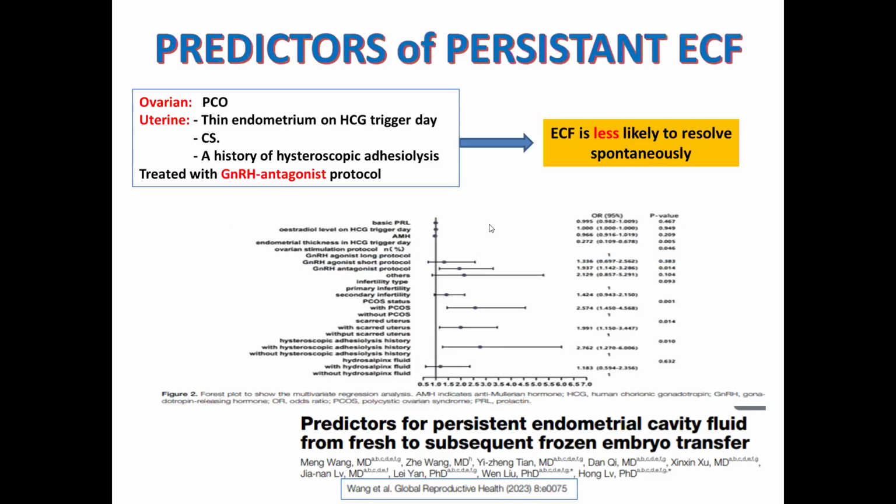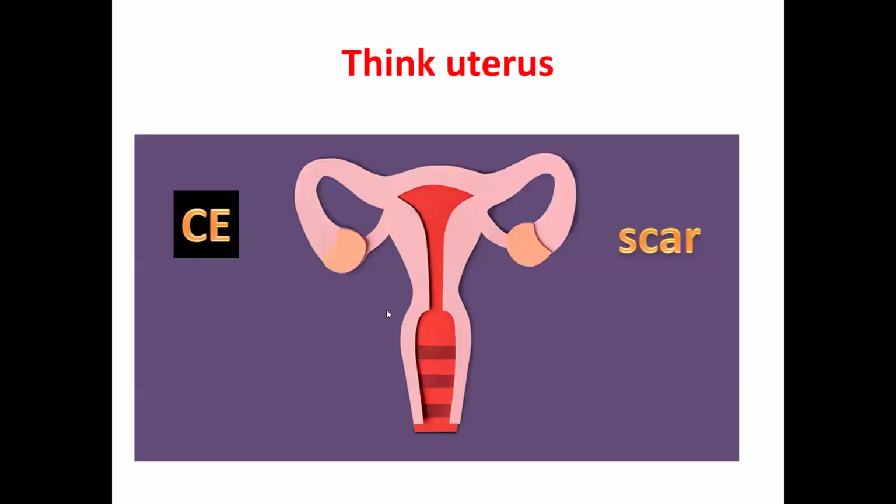And the predictors of persistent endometrial cavity fluid: if you see a patient with a previous scar of cesarean section, which is uterine niche, or thin endometrium at the HCG triggering day, history of hysteroscopic adhesolysis, or PCOS, or treatment with GnRH antagonist, you have to expect in those patients that this fluid will persist and it is less likely to resolve spontaneously, as seen in this relatively recent study.